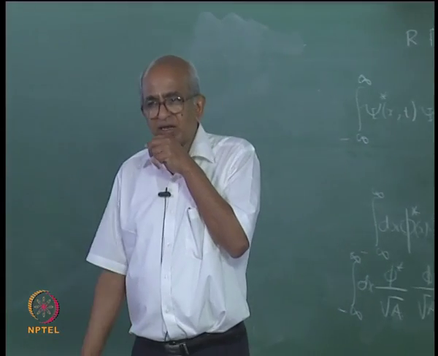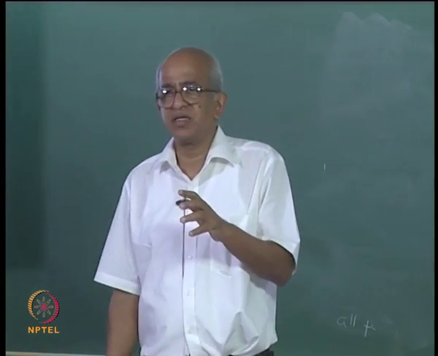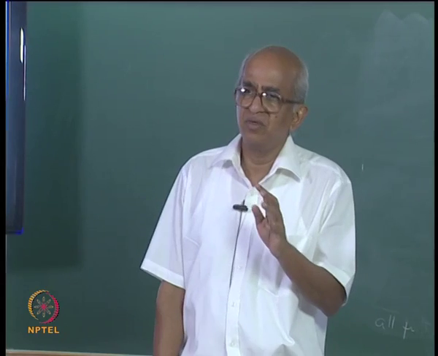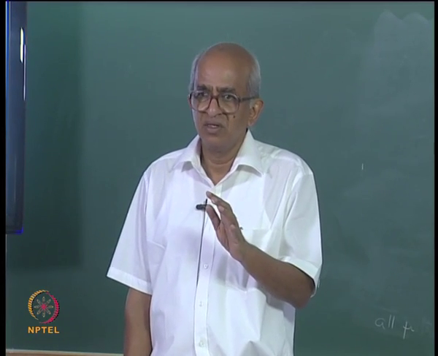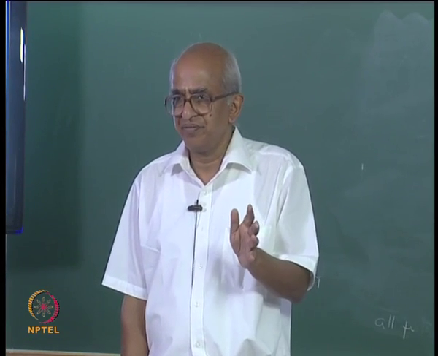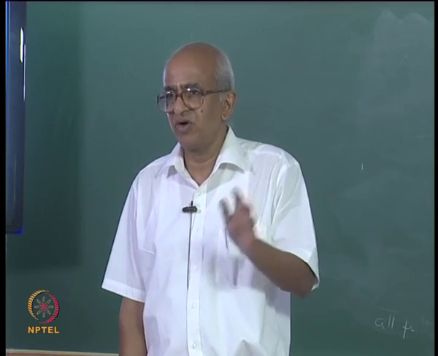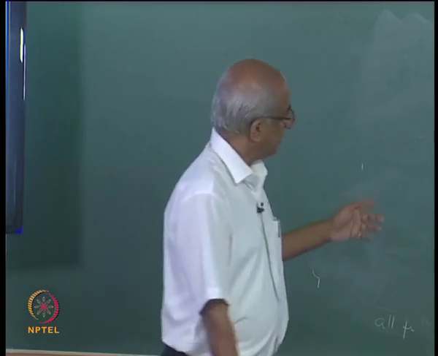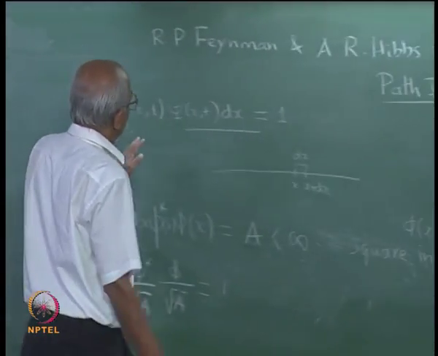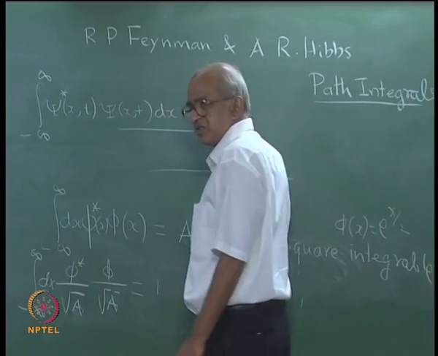So, you can carry out this process of normalization only if the function is square integrable. Only if a is less than infinity can you carry out the process of normalization. So, therefore, we will not impose this condition. It is not really necessary.